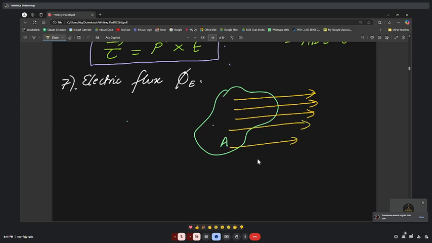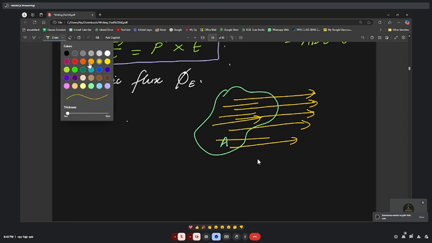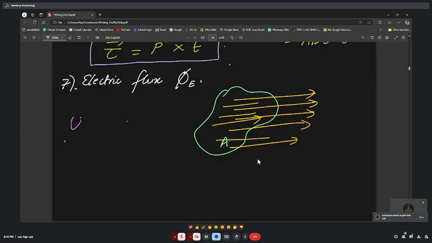The total number of electric field lines passing through this region, you call it the electric flux. It's given by the formula phi E is equal to EA cos theta.